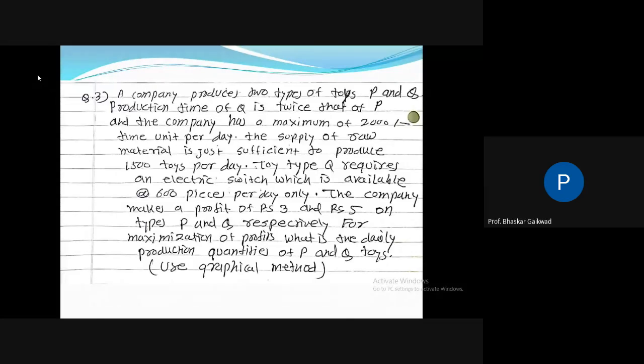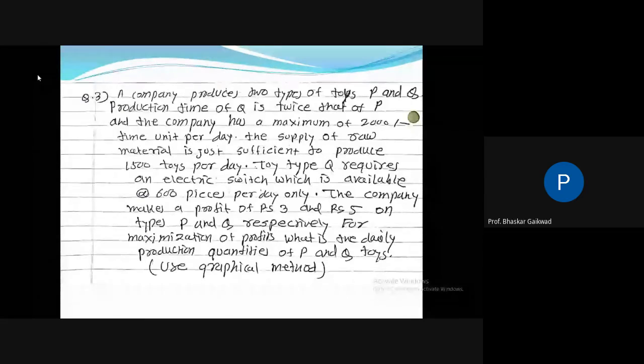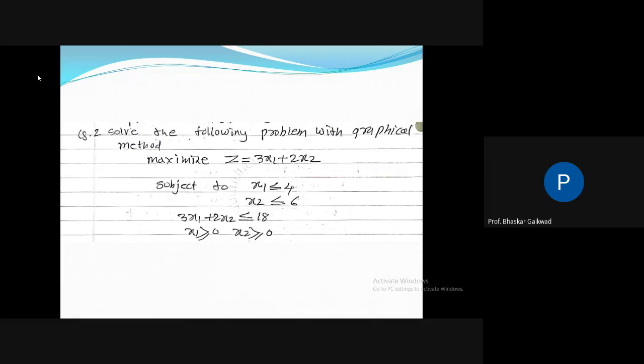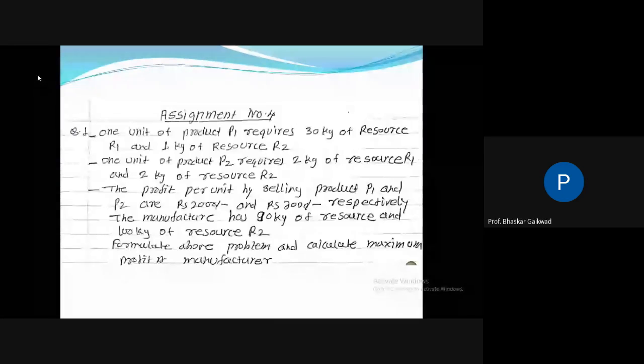In this assignment, we have already taken so many problems in linear programming and the formulation of such problems, and with the help of this we can calculate the maximum profit. In the next lectures we'll discuss these problems related to assignment number 4.